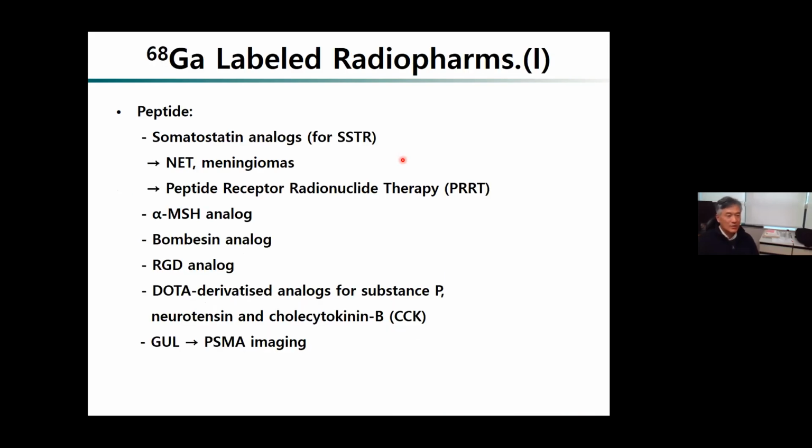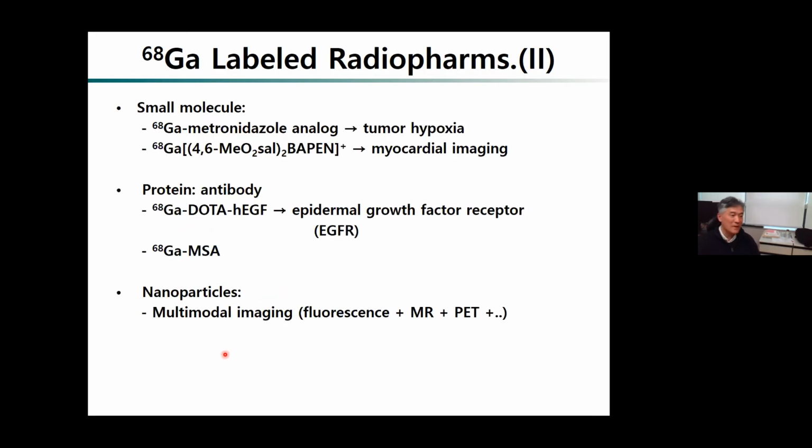So here you can see several different types of gallium labeled compounds. Firstly, peptides labeled with gallium-68 for imaging of the somatostatin receptor, and also alpha MSH, especially for melanoma, and Bombesin analogs, and also RGD again, and substance P, and also a compound good for PSMA imaging.